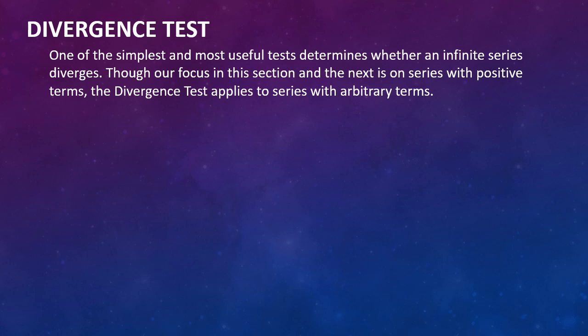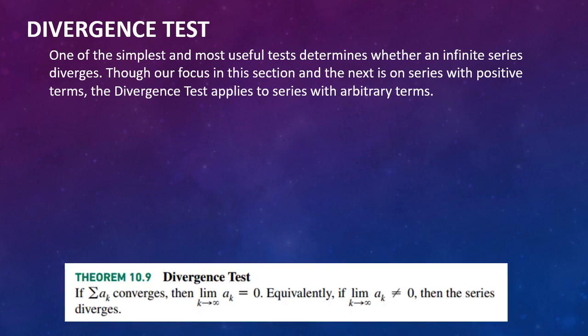Though our focus in this section and the next section is on series with positive terms, the divergence test applies to series with arbitrary terms, positive or negative. So the divergence test is kind of curious.